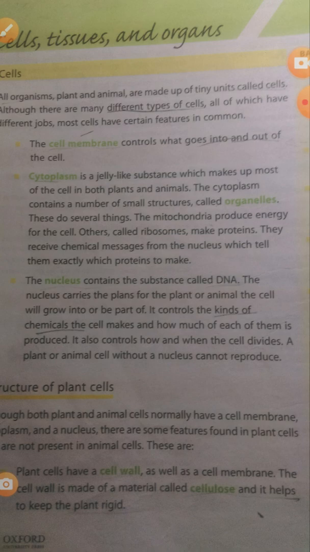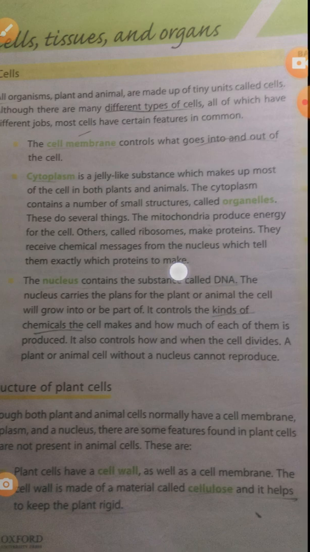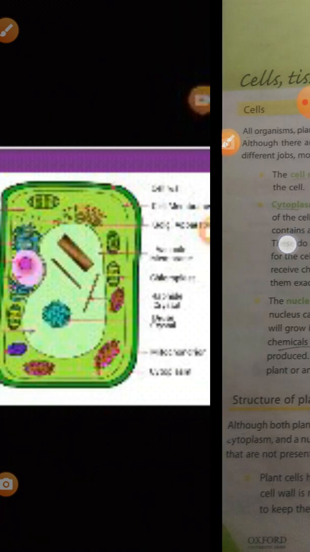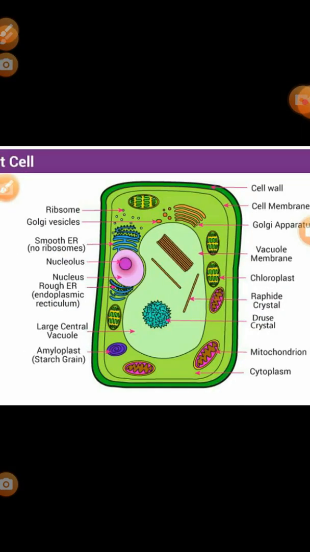Now we are talking about the structure of a plant cell. Here we are seeing a plant cell, and both animal and plant cells normally have the same cell membrane, cytoplasm and nucleus, but some other features are also in the plant cell.